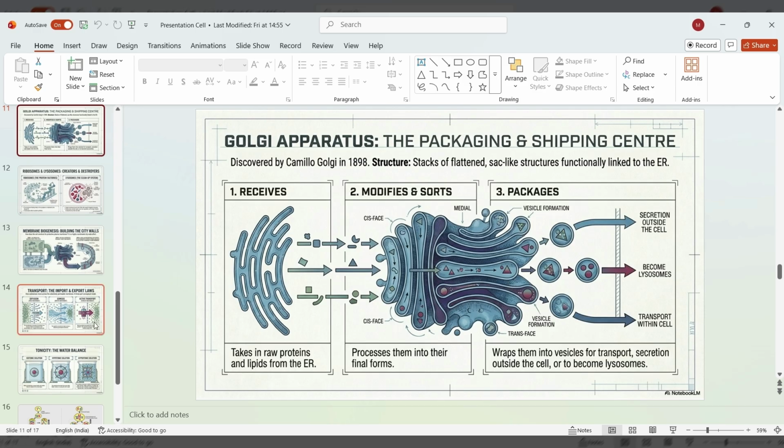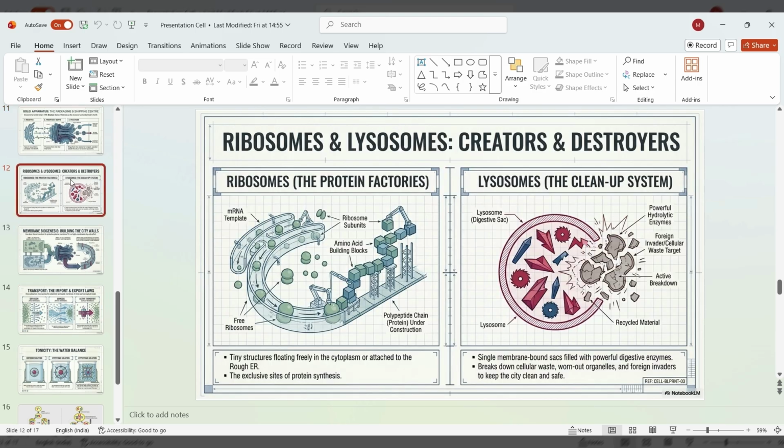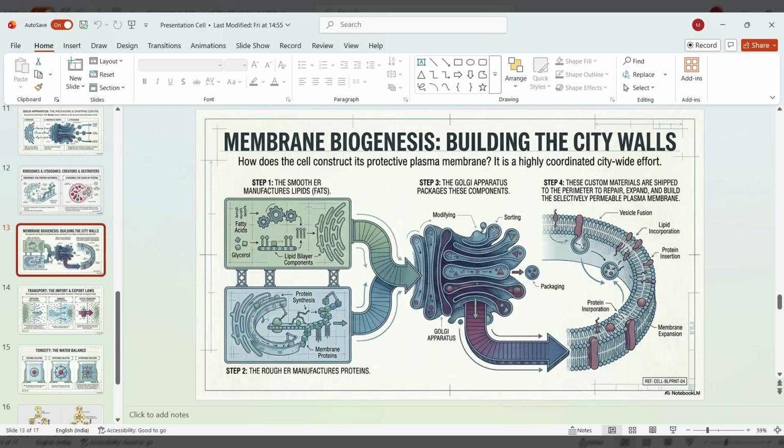Okay, coming to the next point, you can see here the ribosomes and lysosomes we had already discussed. Ribosomes are responsible for protein synthesis, and lysosomes are the cleanup system or the killing crew of the cell, or we used to say the suicidal bags of the cell. Coming to membrane biogenesis, we had already discussed how lipid and protein are formed.